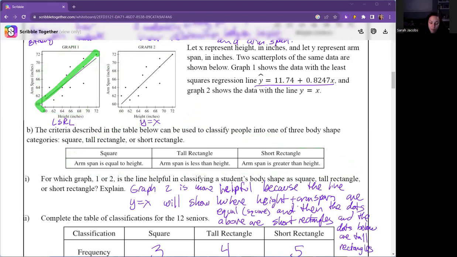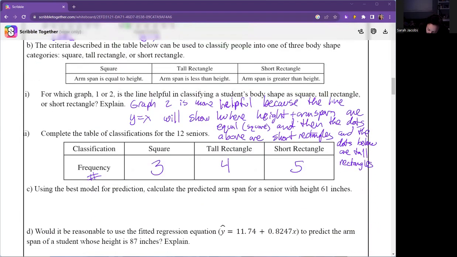That's what we want to use for our prediction, not our y equals x. The equation's down here again, so I'm going to use that one. So we'll say y hat is equal to 11.74 plus 0.8247 times our input of 61 inches. And we just calculate that.